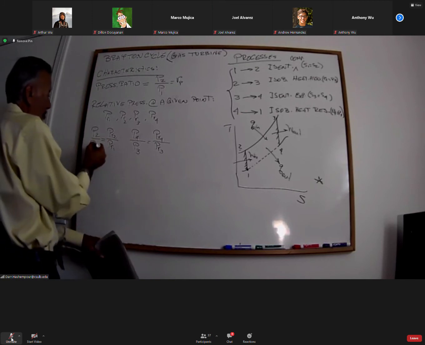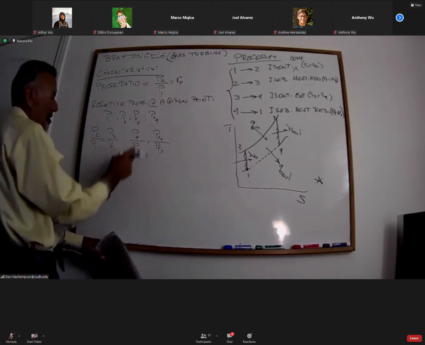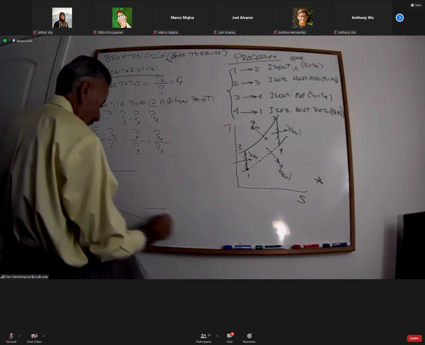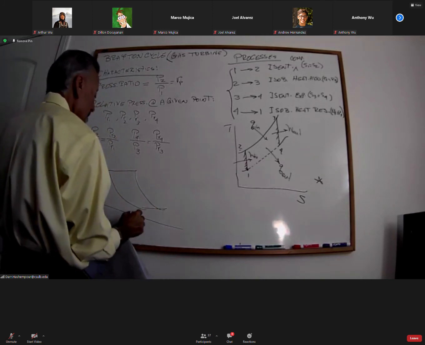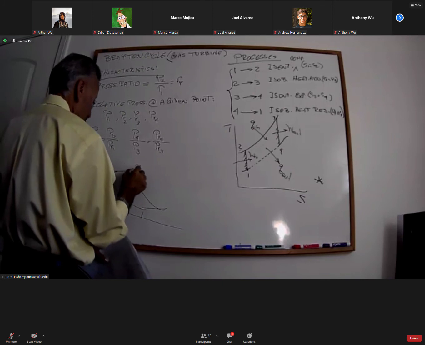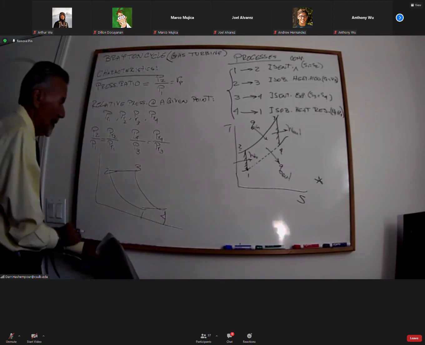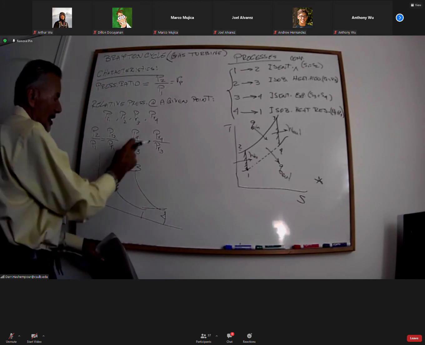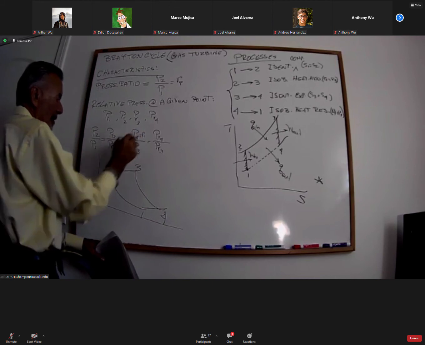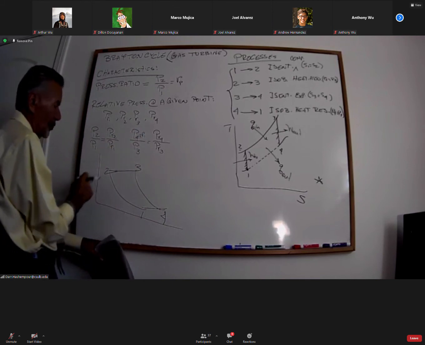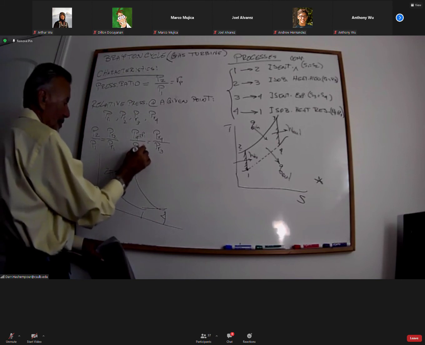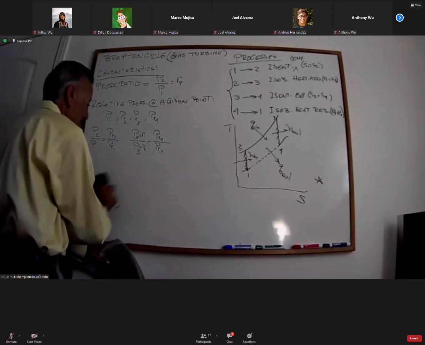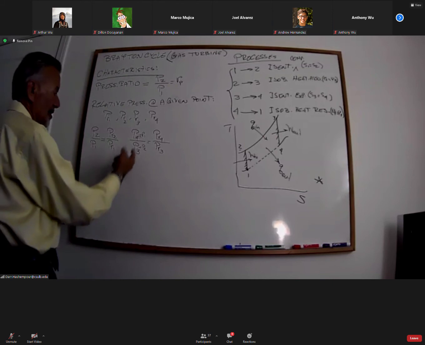Now, we know that P2 over P1 is R of P. What is P4 over P3? If you look at that PV diagram that I just erased, that's 1, 2, 3, and 4. P4 is equal to P1, right? So I can replace this with P1. P3 is equal to P2. That becomes P2. Now, looking at that, this is P1 over P2.